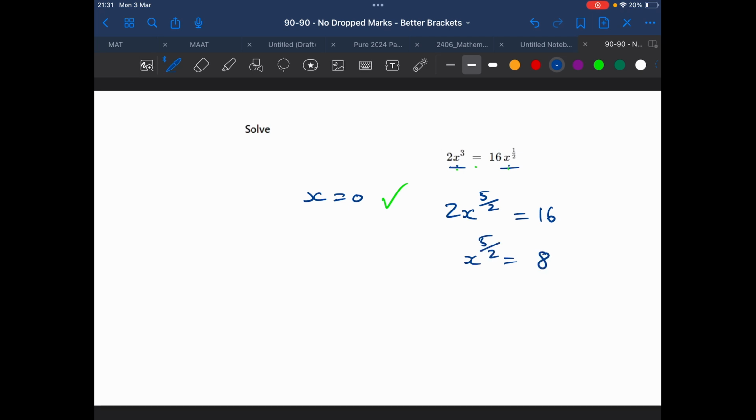And now I'm going to use that trick that we did from earlier. What power on both sides would satisfy this to make it x? It would be 2/5. That would work. So our final answer is going to be x equals 8 to the reciprocal power 2/5. That's not going to be that nice of a number. You can write it as the 5th root of 8 squared or something like that. I'm going to just leave it as 8 to the 2/5.